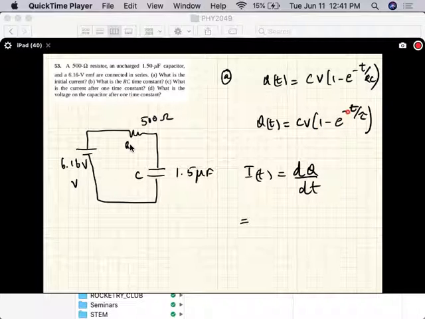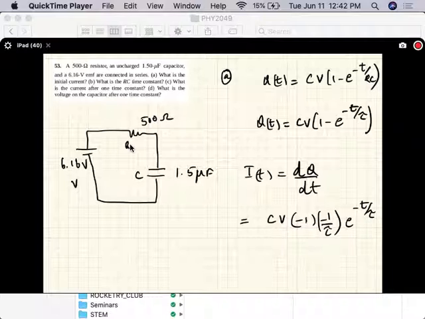The time derivative of the other term gives you minus 1 over tau. So that gives you CV times minus 1 times minus 1 over tau e to the power of minus t by tau. So CV divided by tau e to the power minus t by tau.